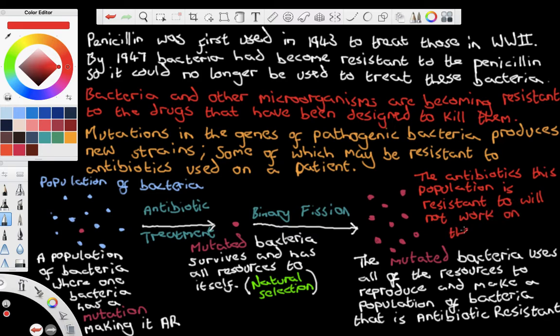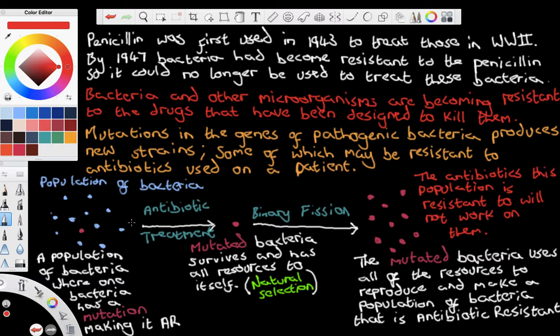Okay. Now, if we think of the soldiers with penicillin back in World War II, the soldiers would have come back from the war with lots of bacterial infections. They would have had a population of bacteria in them like this. There may have been one bacteria out of the millions and millions and millions that were inside their bodies that were antibiotic resistant. They had a mutation.